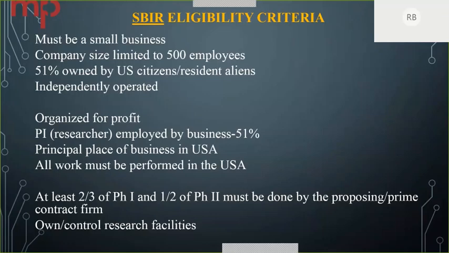Government says that 51% must be owned by a U.S. citizen or a resident alien, a green card holder, a permanent resident of the United States can participate in the SBIR program. And the business must be independently owned and not owned by a large corporation, and the small business has no say or part in it, either because they gave funding to the small business.